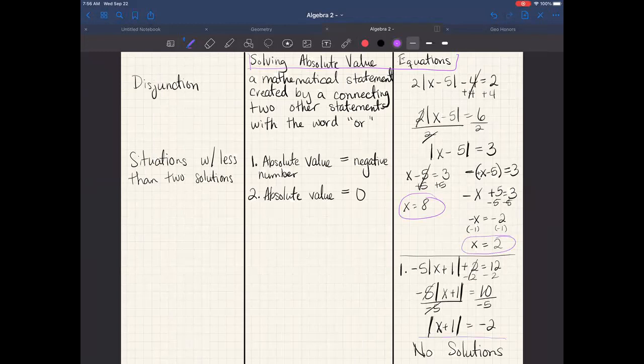This one here has no solutions, and I didn't even have to keep going, because once it equals a negative 2, remember the absolute value can't equal a negative, so it's no solutions.